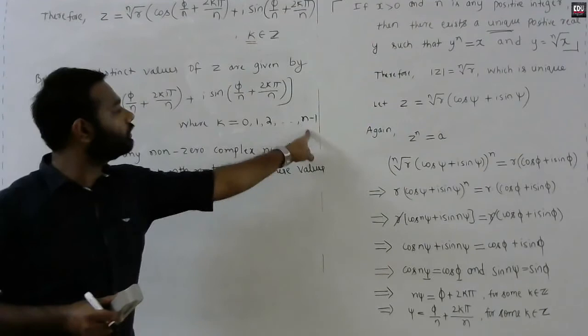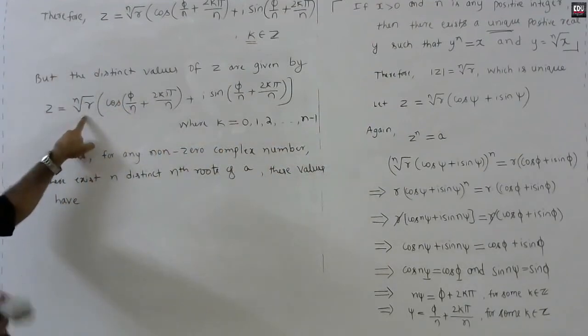As k varies over these values, the modulus value remains unchanged.